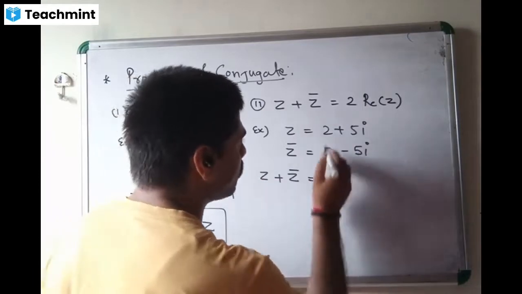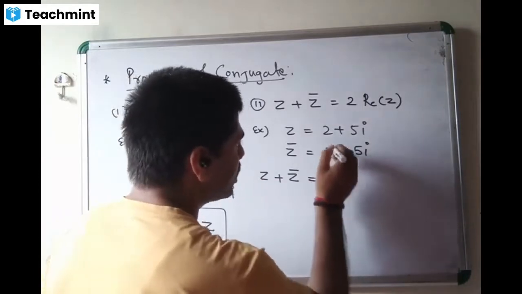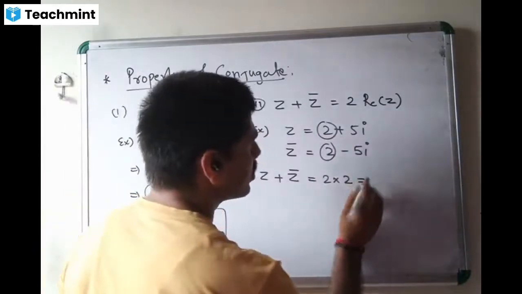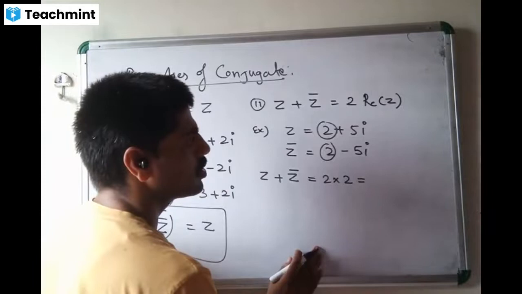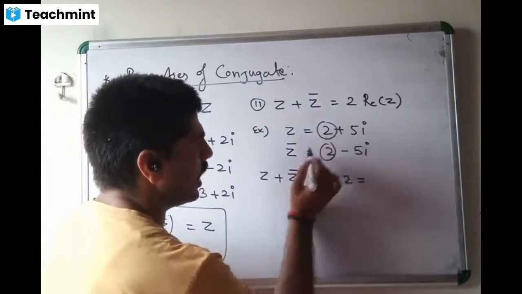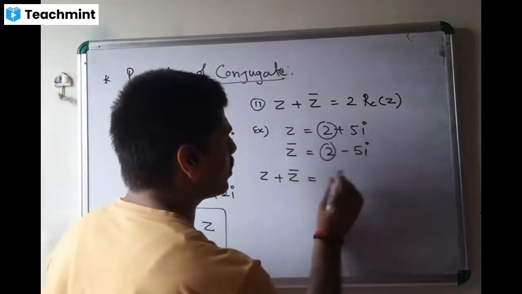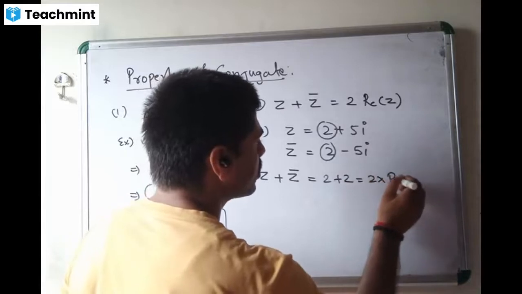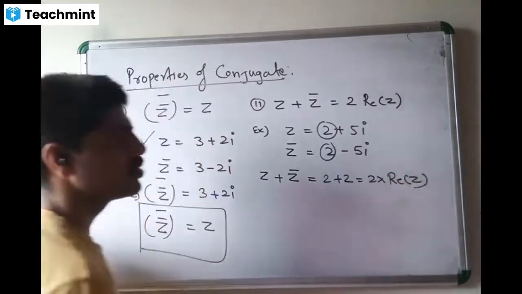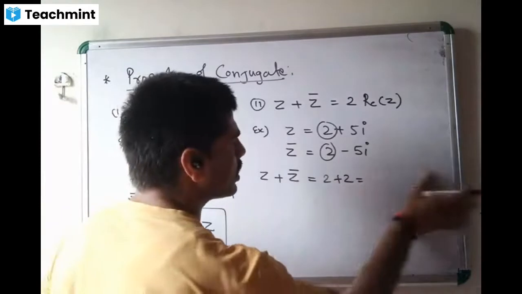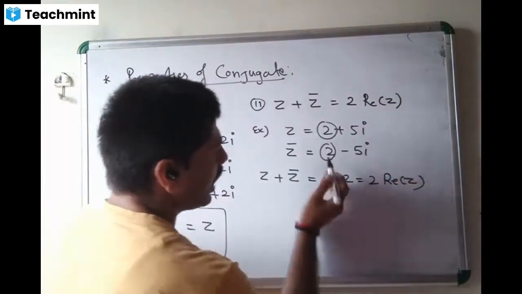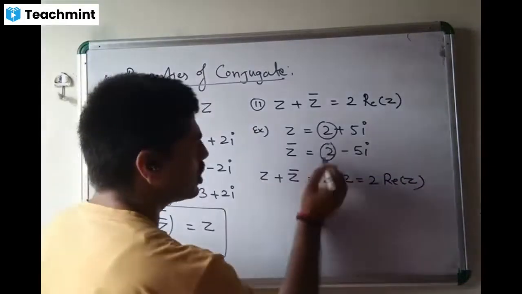The 5i and minus 5i cancel. 2 plus 2 is 4, which means 2 into 2, and this 2 is the real part.